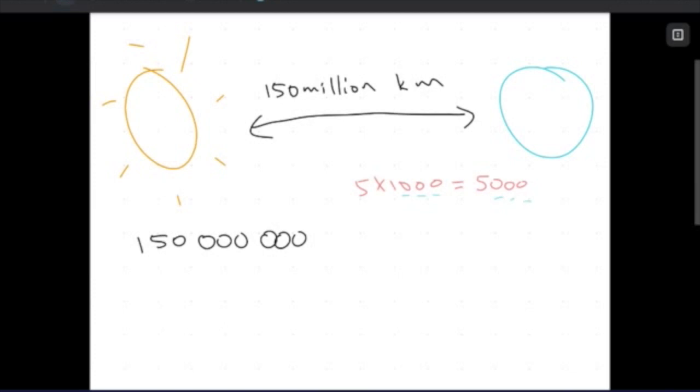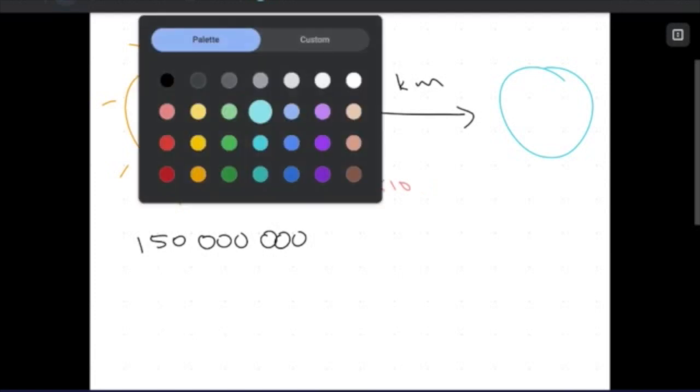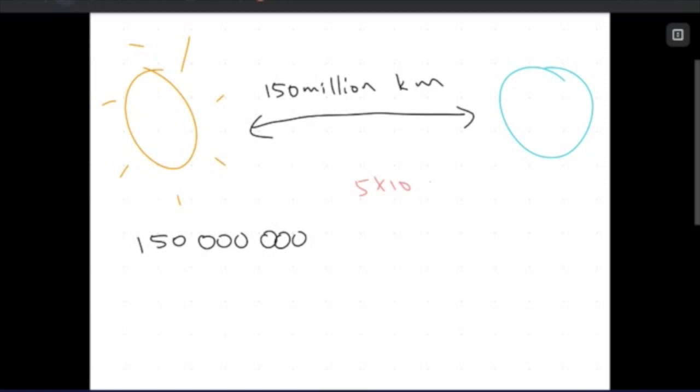Now, could we not then say that, well, all of these zeros here are just the effect of multiplying by 10 quite a few times? Let's go back to this example here, because 5 times 1,000, for example, is the effect of going, or 5 times 10 times 10 times 10.